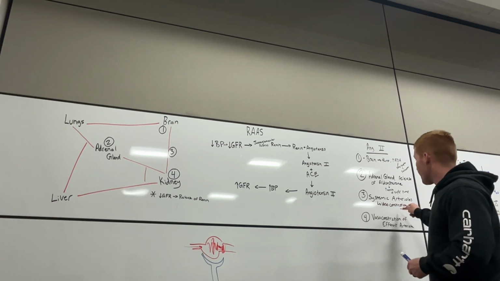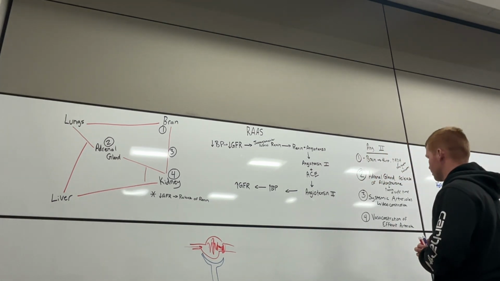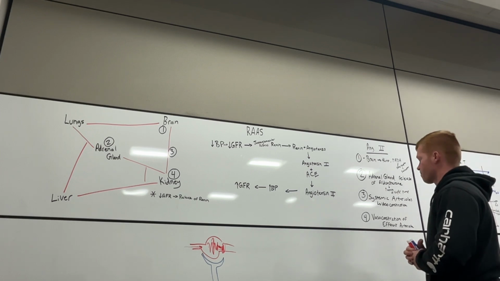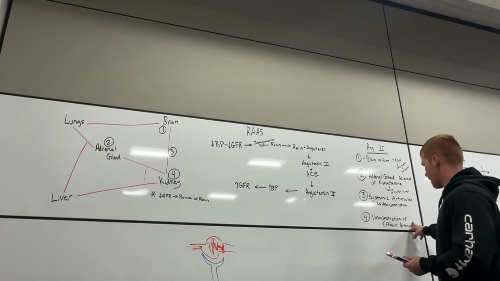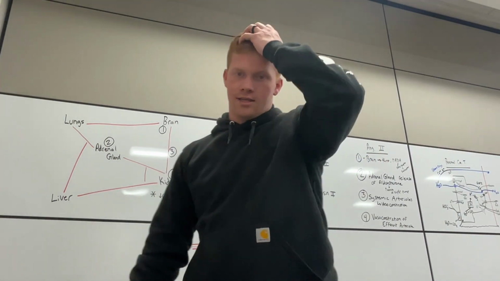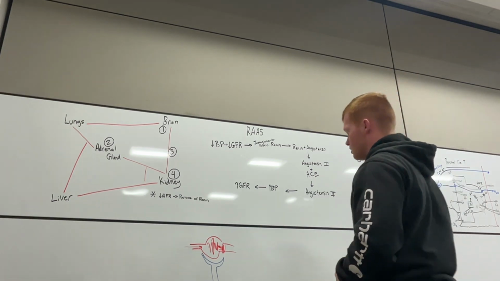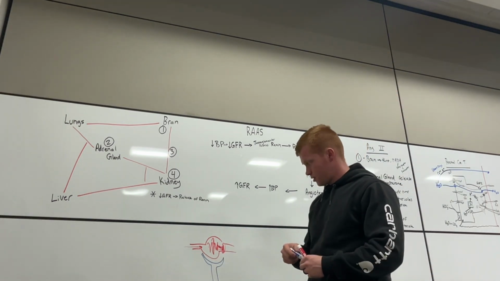It's going to vasodilate the systemic arteries, make them bigger. It's going to lower the blood pressure. For this one, it probably just won't constrict the efferent arteriole. Maybe it can dilate it, but it's definitely not going to constrict it. And it's just going to try to decrease the blood pressure in there.